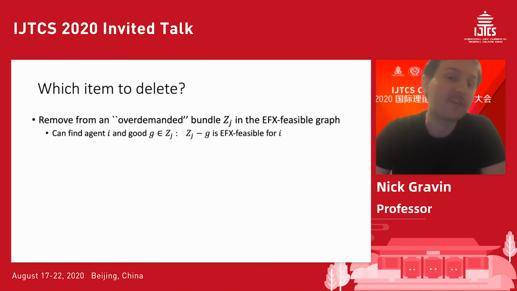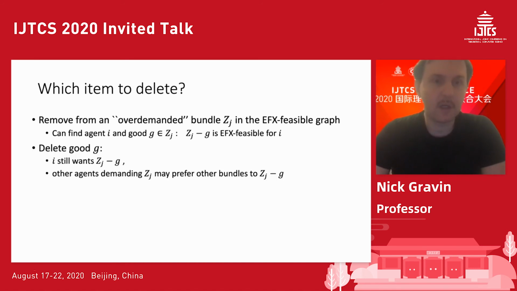It turns out that we can find such a pair. And then we delete the good g so that we still have an edge in the EFX feasibility graph between i and the modified bundle Zj.